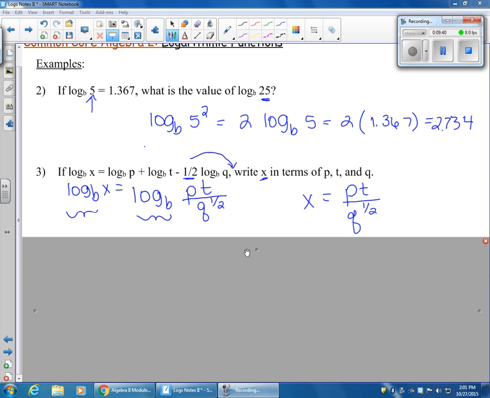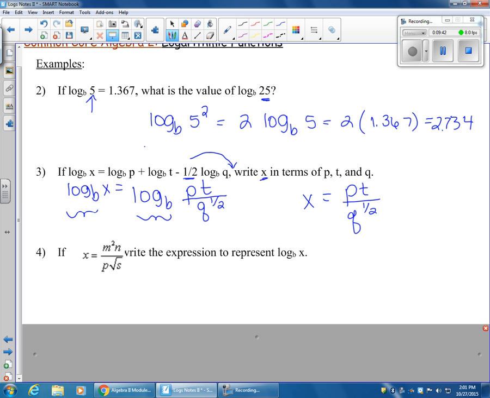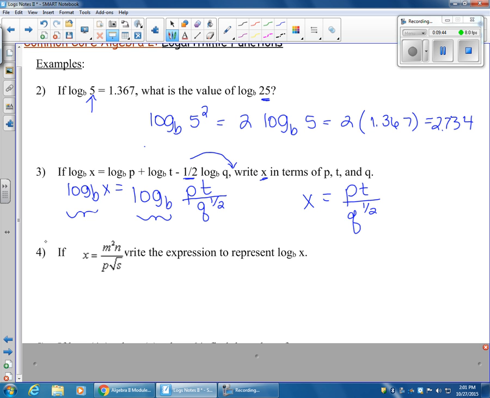In the next question, we are expanding. Okay. So now it's kind of like this. We're starting here, we're going to go back to this. So here we have m squared n divided by p square root of s. Now we want to write it as log base b of x. So basically, if I take the log of this side, I'm going to take the log of the other side.